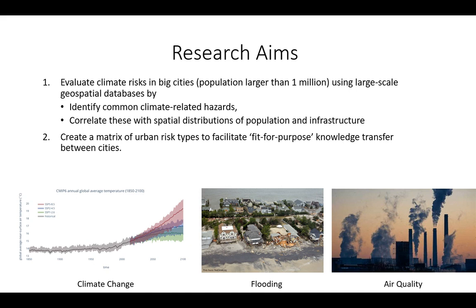We need a consistent description and evaluation of urban risks worldwide.